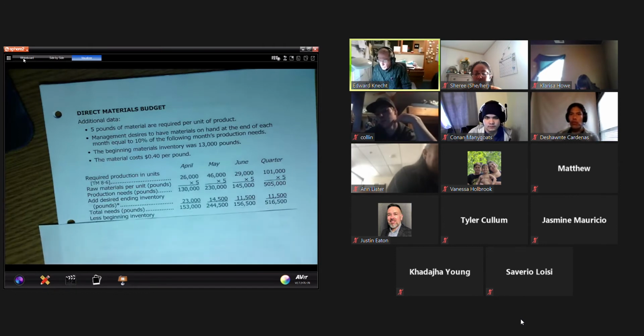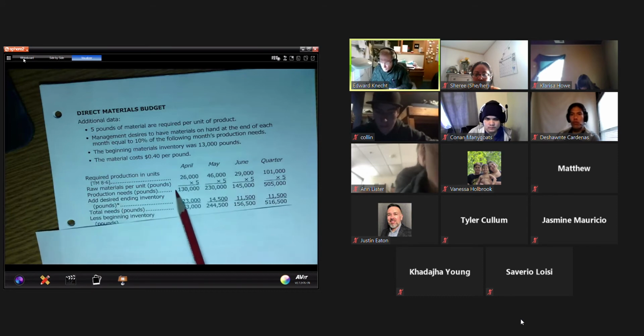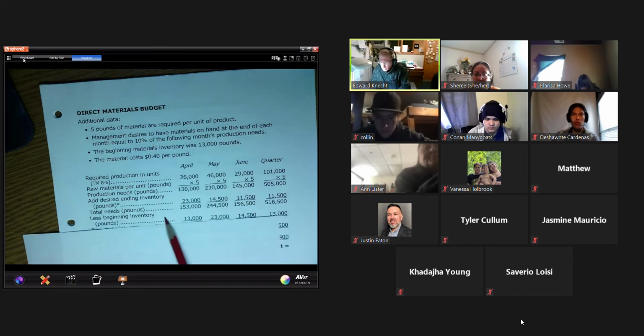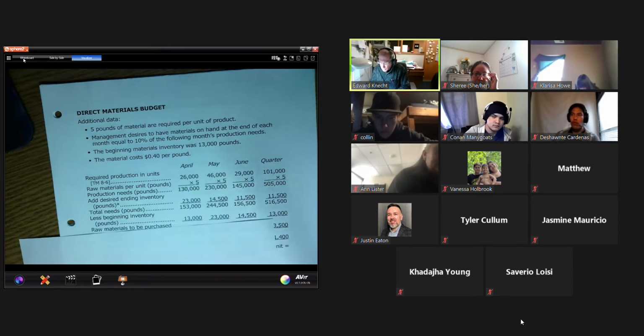So do you see that there's a lot of commonality here? We take the required production, we have to add desired ending inventory and subtract out the beginning inventory. That was just like what we did in the previous budget.